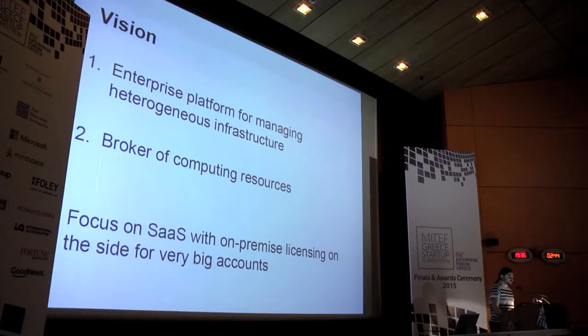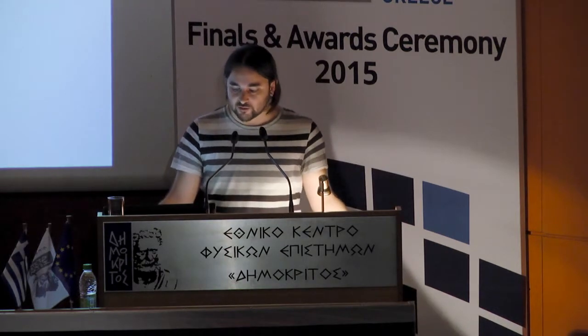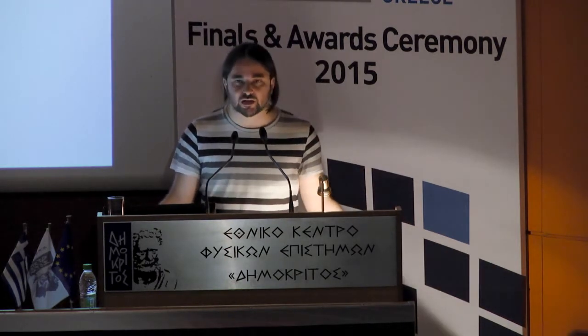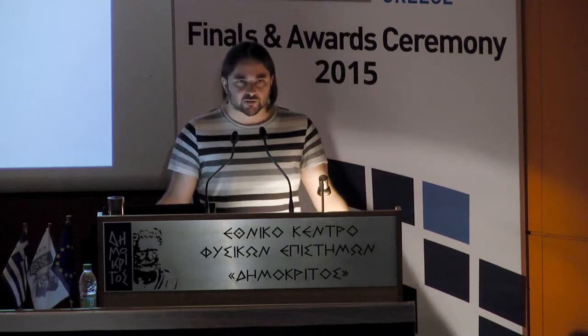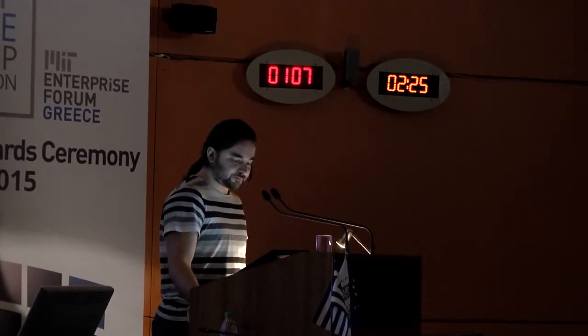Our vision is to build an enterprise platform for managing heterogeneous infrastructure that can be deployed inside banks and telcos. We're close to this first goal, and we have some proof of concept installations going on. And the next level is to become a broker of computing resources.